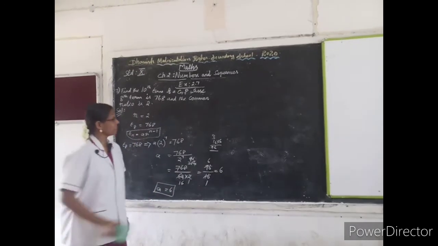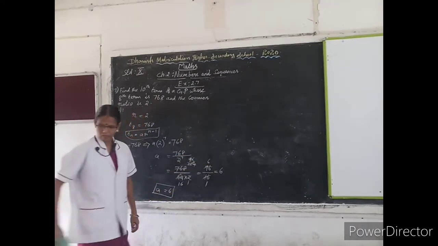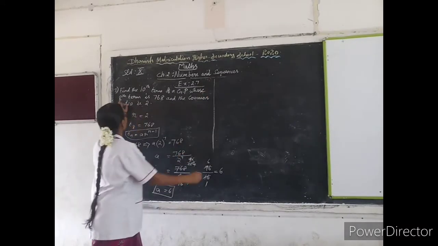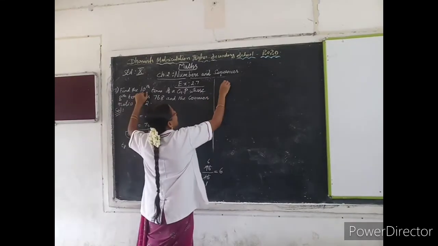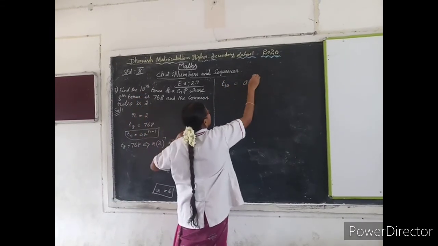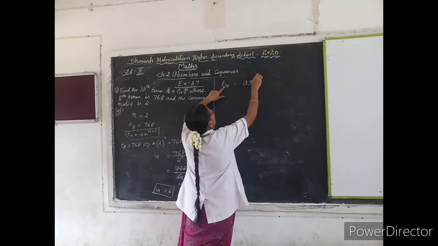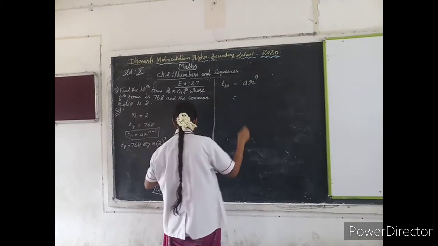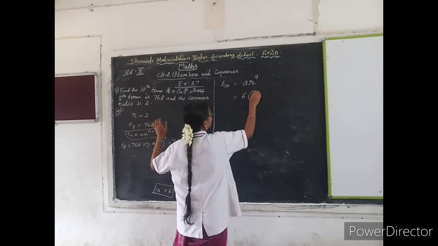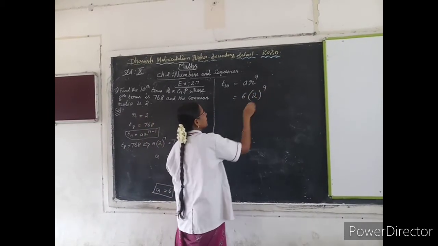What do we have to find? We find the 10th term. T10 is equal to A R power 10 minus 1, which is 9. A is 6, R is 2 power 9.